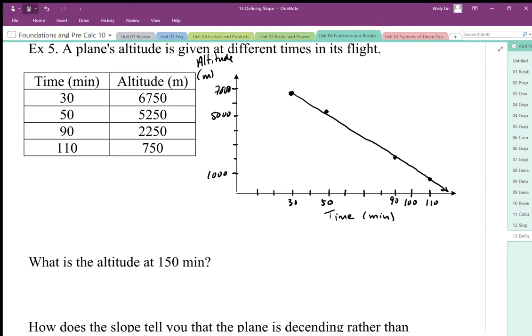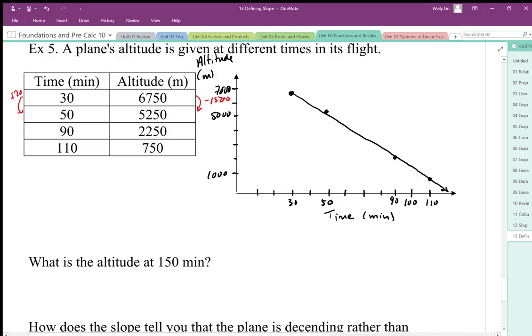I know that it goes plus 20 minutes, it goes minus 1,500 meters. Okay, so I've gone down 1,500 meters. So 5,250 minus 6,750 is minus 1,500 meters.